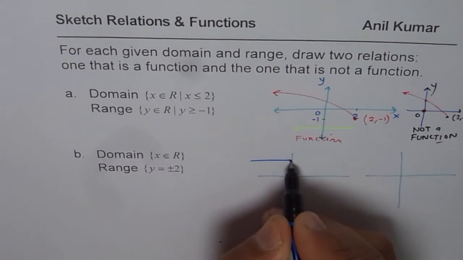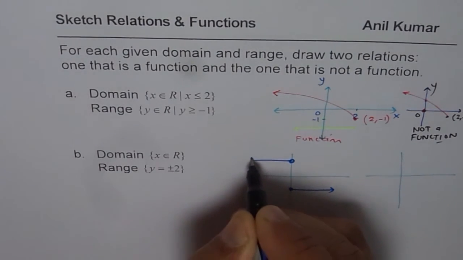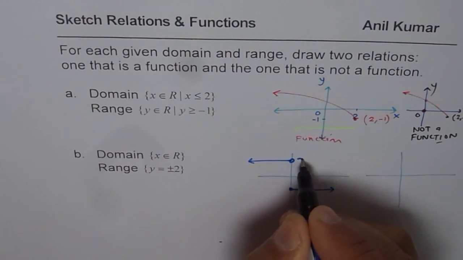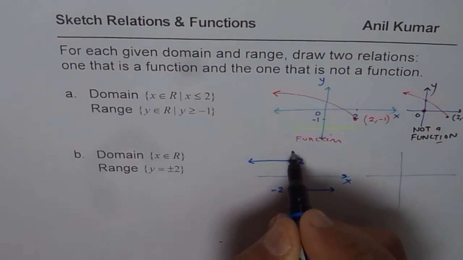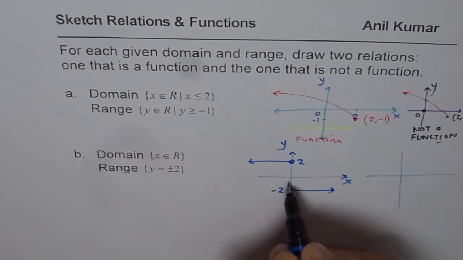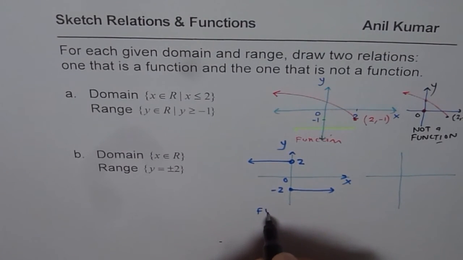So we could have an absolute x over x type of function like this. Do you see that? Filled in, and this, where these two values are plus 2 and minus 2. Now the domain, as you can see, is all real numbers. 0 is also included, right? And at 0 it has only one value, minus 2. So this is a function, right? So this is a function.